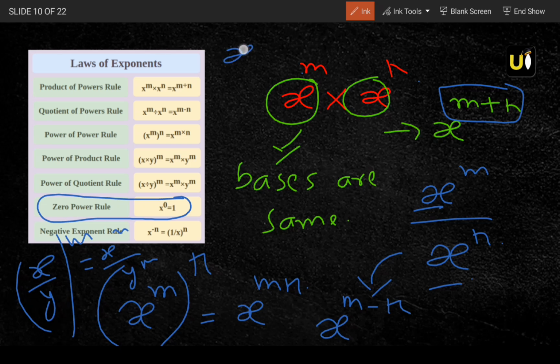Any base to the power of 0 will be equal to 1, except 0. Remember this, except 0. For any base except 0 with exponent 0, the value will be equal to 1. And for example, suppose we are having x power minus n, then this can be written as 1 by x power n.